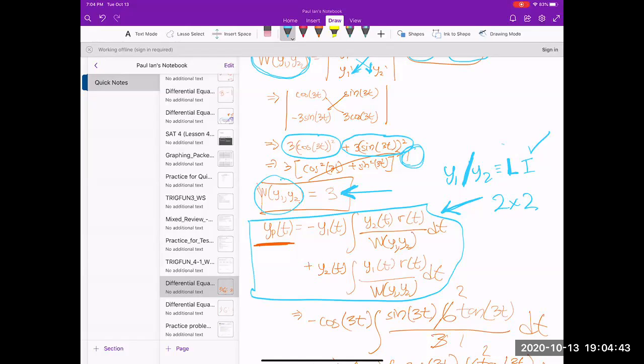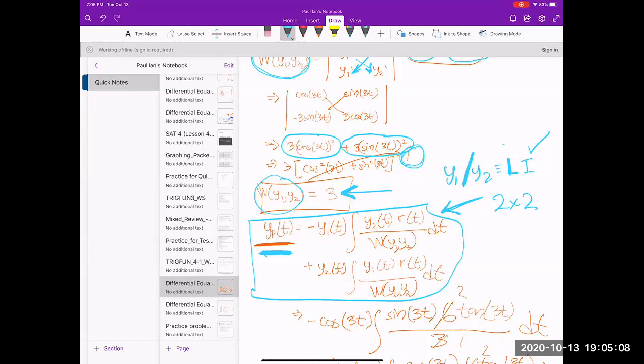Just real quick, our goal was to find yp. We were solving for everything, so find yp using variation of parameters.